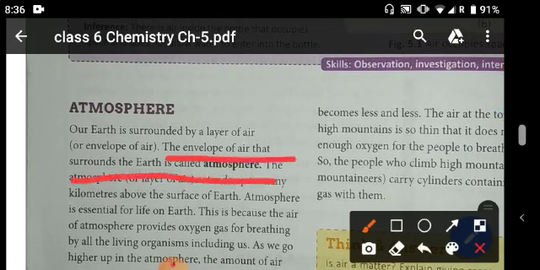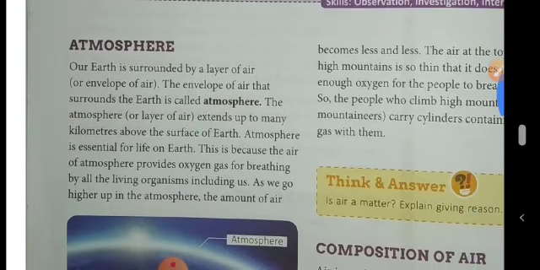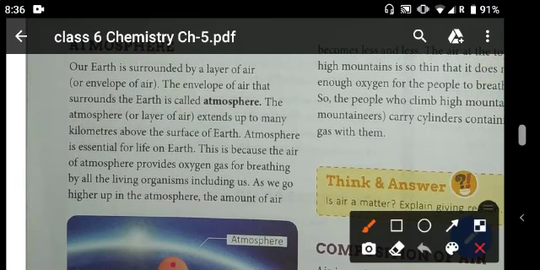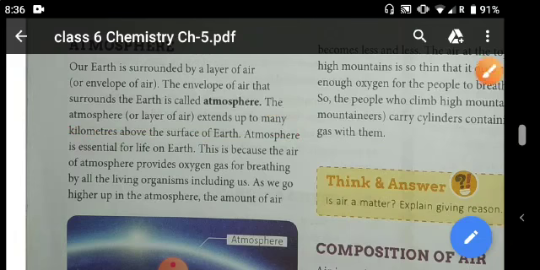The atmosphere, that means the layer of air, extends up to many kilometers above the surface of the earth.